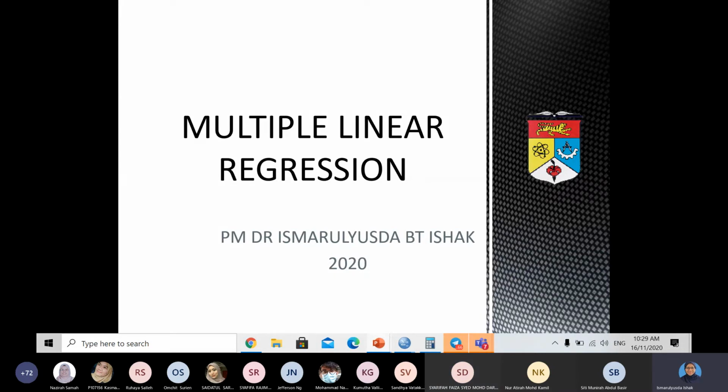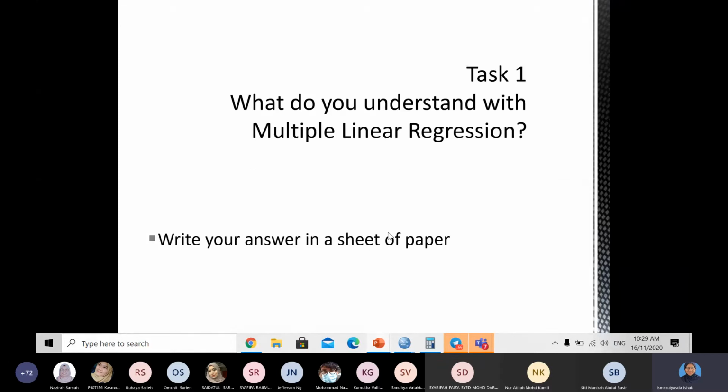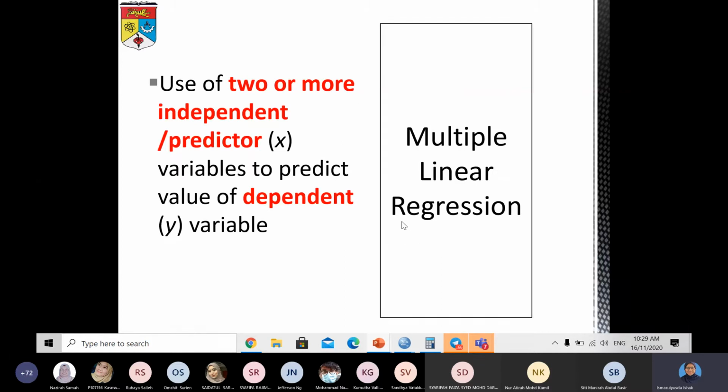Okay, multiple linear regression. So the objective is when to use linear regression in SPSS. You can differentiate simple linear and multiple linear. Multiple linear regression uses two or more independent variables, while simple linear has only one independent variable or predictor.